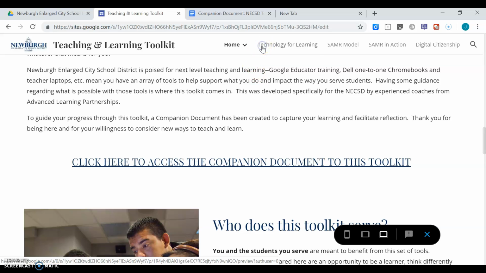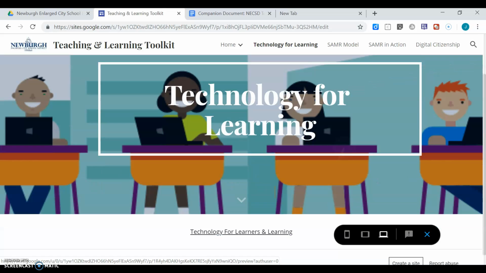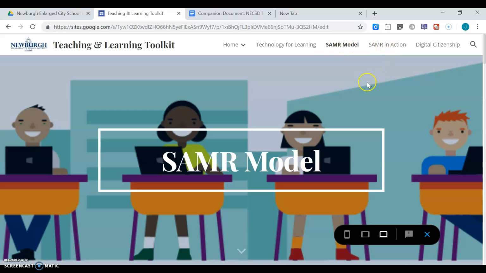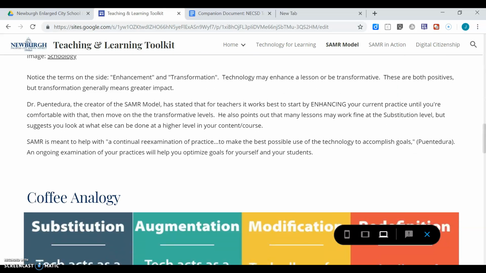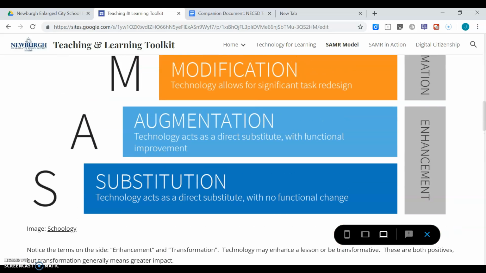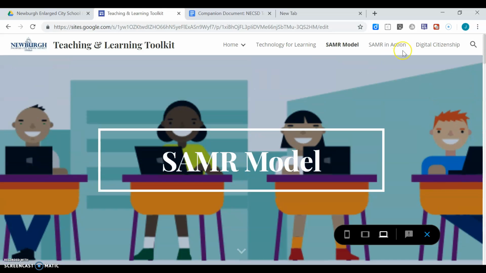These menu options up here are all linked to different pages, and we tried to link them to the goals that we originally set out when we first started talking last week. Technology for learning really is around the integration of technology. Xamarin is an overview introduction. There are some good analogies in here, just another way to think about Xamarin in a non-academic way.